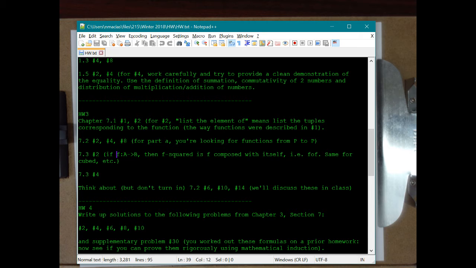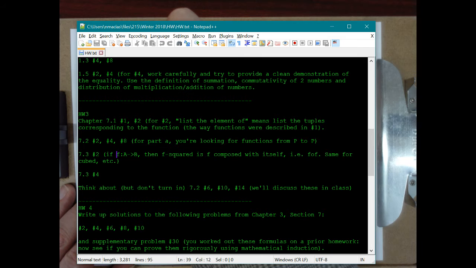7.3, number 4. And this one looked pretty good when I glanced at it. So let's see what we have. S of n equals n squared.